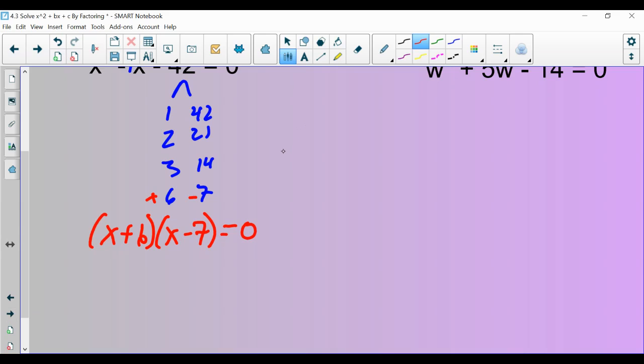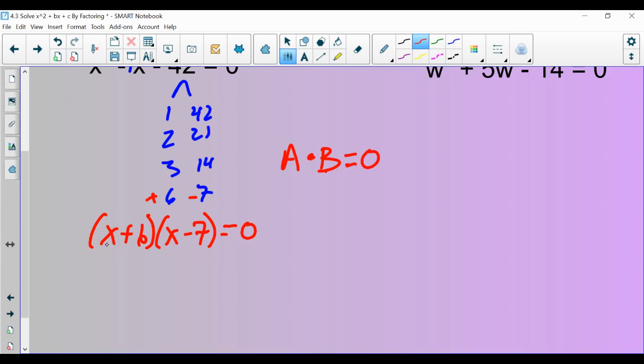Remember what I told you guys, is that if you have something and you multiply it by something else and their product is 0, we know that either A must be 0 or B must be 0. So this is my A term here. x plus 6 is my A term. What you're asking now is what would make this 0? Because this is going to be multiplied by something else. And if I can find out that this is 0, then it doesn't matter what it's being multiplied by. The answer is going to be 0.